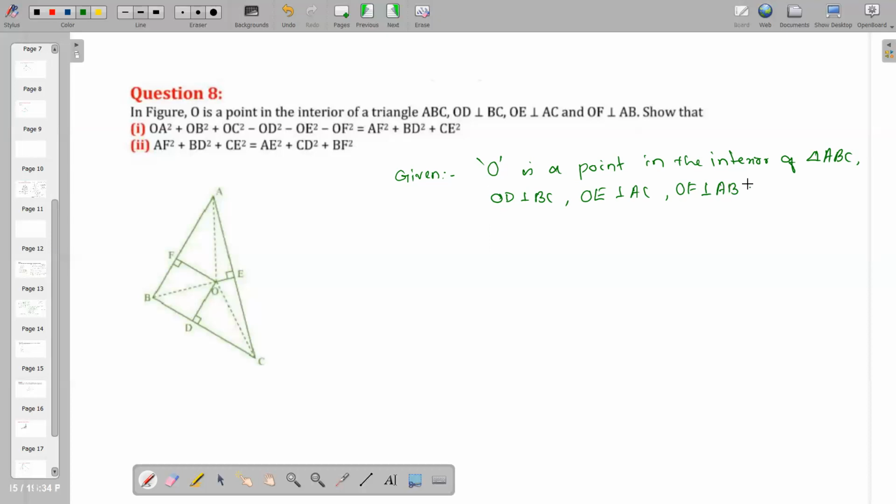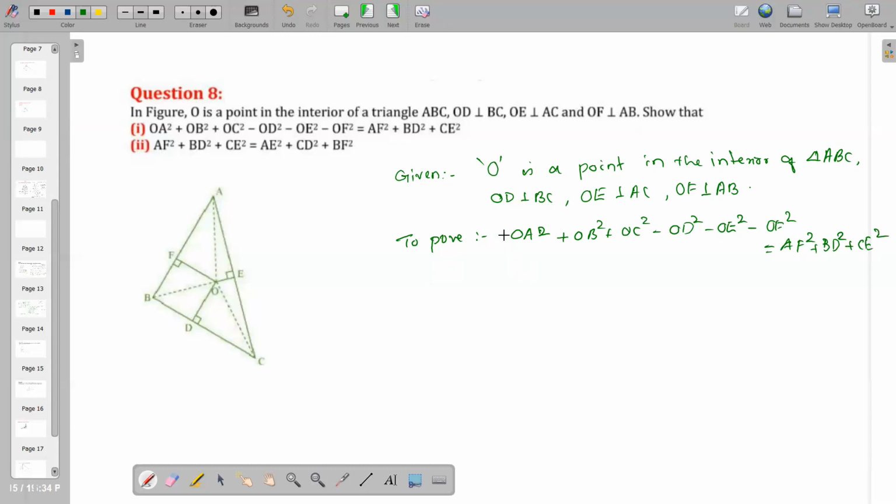Correct. Now what we need to prove, to prove that OA square plus OB square plus OC square minus OD square minus OE square minus OF square is equal to AF square plus BD square plus CE square.